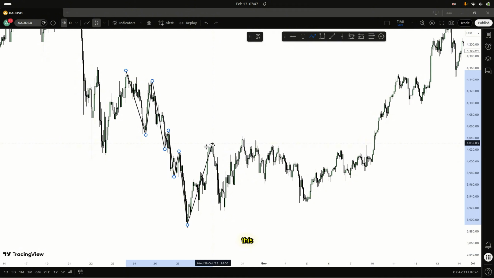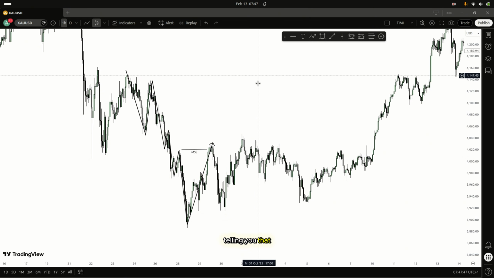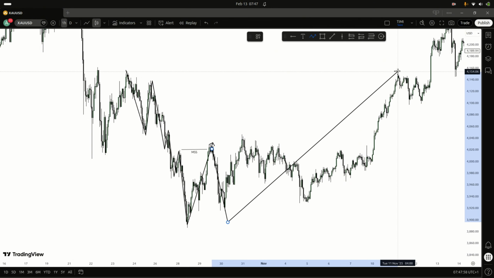A market structure shift had occurred right here. It's everywhere on your chart. Open any pair of your choice, try to spot the pattern. The market structure shift is telling you that price wants to reverse, it doesn't want to keep going down. That was why price came back to our points of interest, and then boom.